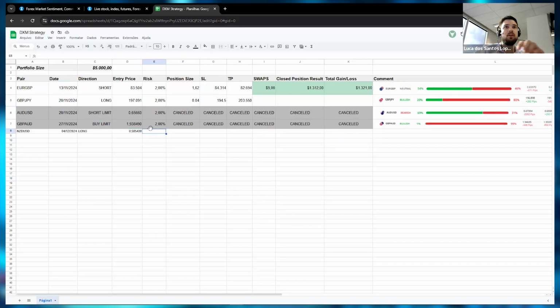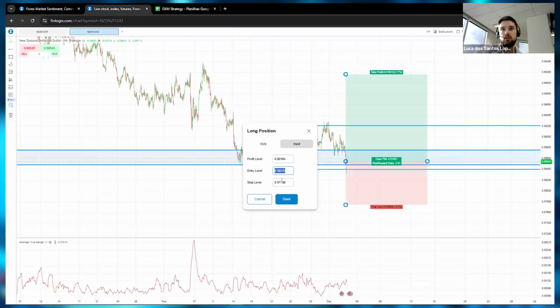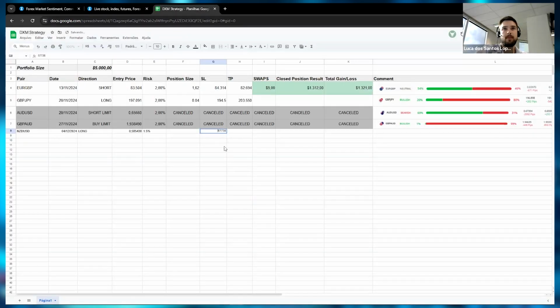Okay, now it's good. So how much risk should we use? I think as this is a momentum trade, I will be using 1.5% risk. The position size is going to calculate now. Stop loss is here.